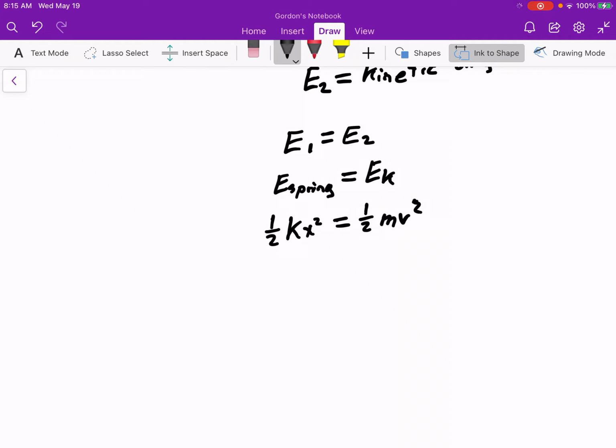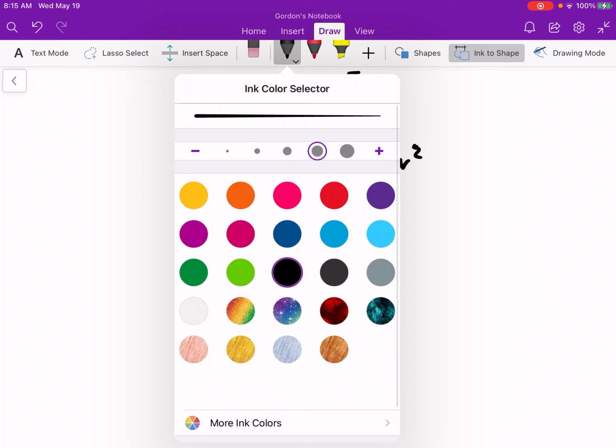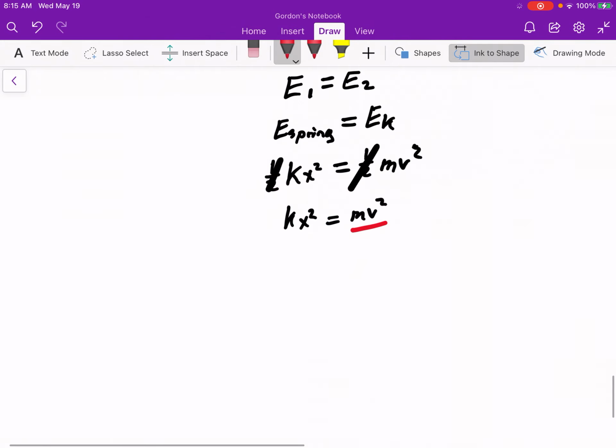So what we're trying to do here is figure out what this v is. First thing we can do, these 1/2s are going to cancel out because we've got a 1/2 on both sides. So we have kx squared is equal to mv squared. Divide both sides by m here.